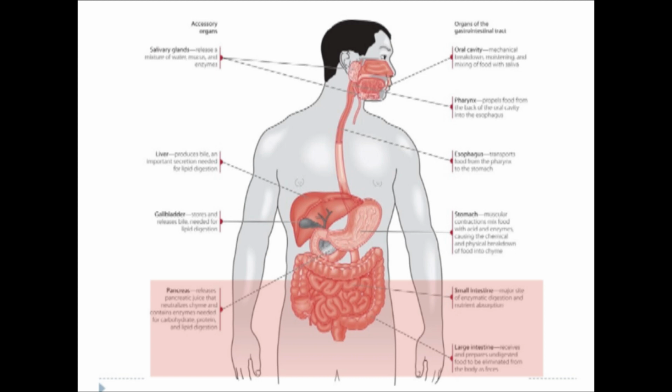So for the pancreas, the key enzymes to remember are lipase for fat digestion and amylase for carbohydrate digestion. Secreted from the small intestine, we see enzymes for protein like protease and peptidase, and enzymes for carbohydrates like sucrase and lactase.